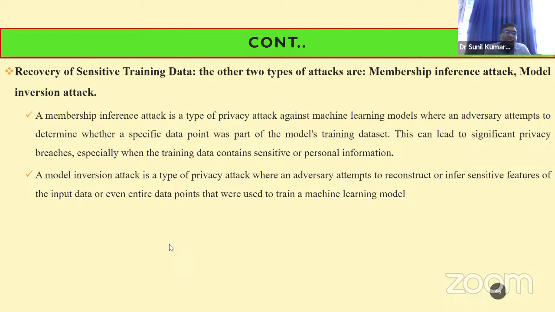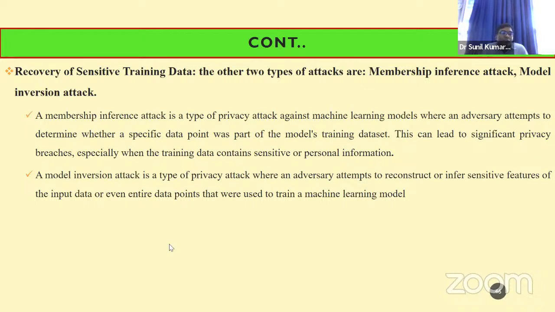A membership inference attack is a type of privacy attack against machine learning models, where an adversary, that is, an attacker, attempts to determine whether a specific data point was part of the model's training data set. This can lead to significant privacy breaches, especially when the training data contains sensitive or personal information.